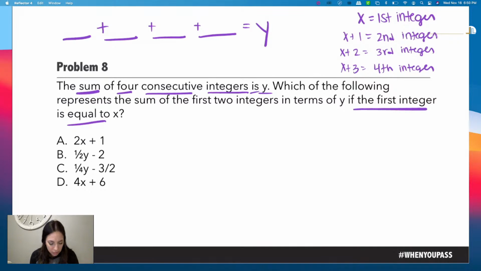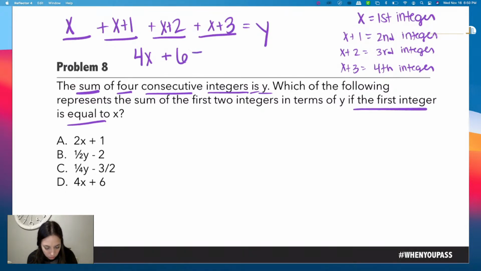So I can plug those in. X plus 1 plus x plus 2 plus x plus 3 equals y. Let's simplify that. X plus x plus x plus x is 4x. 3 plus 2 plus 1 is 6 equals y.